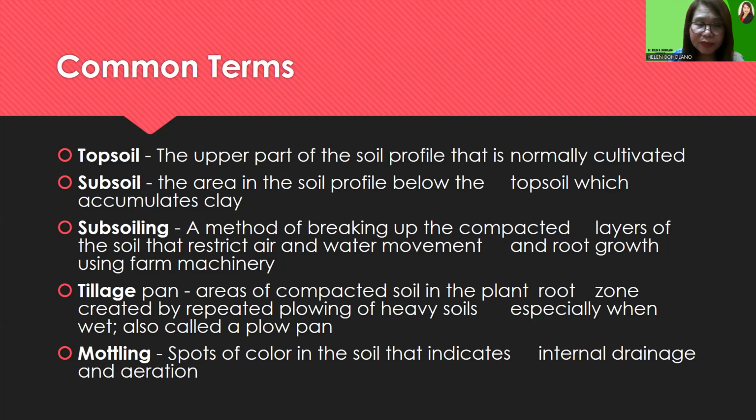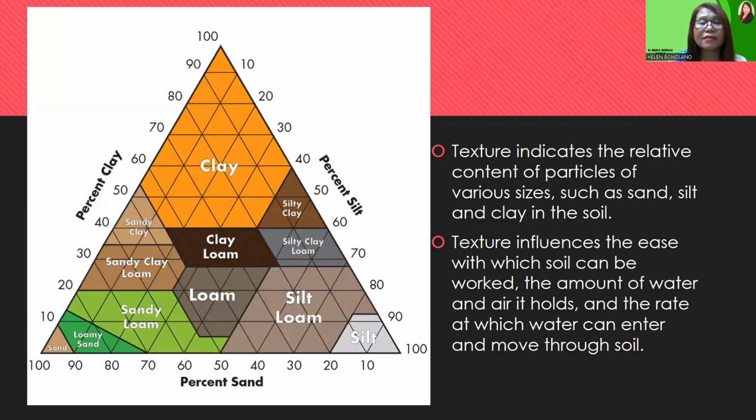Mottling is spots of color in the soil that indicate internal drainage and aeration, or maybe erosion. Try to look at the pyramid. This shows the percent of clay, sand, and silt, and the loam.